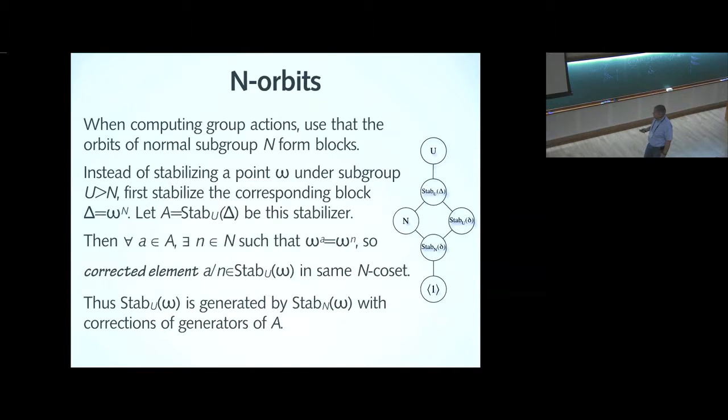If I have an element A here, it will map omega to something where already something in N sits, so I just need to divide off N from A and get an element which stabilizes not just the block but the point. So that is something which inherently is used to make orbit calculations more feasible.